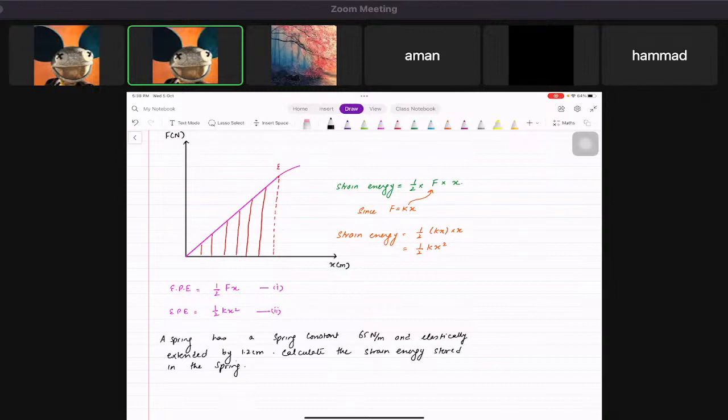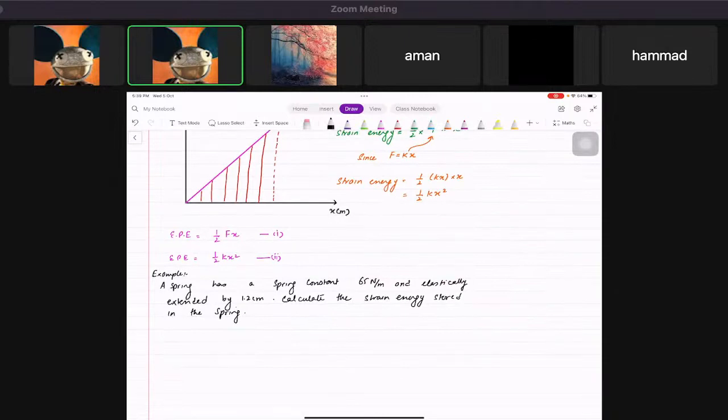So this is pretty simple. All you need to do is you have the spring constant, you have the extension. So to find the strain energy, the elastic potential energy would be half times k times x square. So half times 65, and because the extension is in centimeters, we've got to convert it, so 1.2 times 10 raised to minus 2 whole square, because we want it to be in meters.